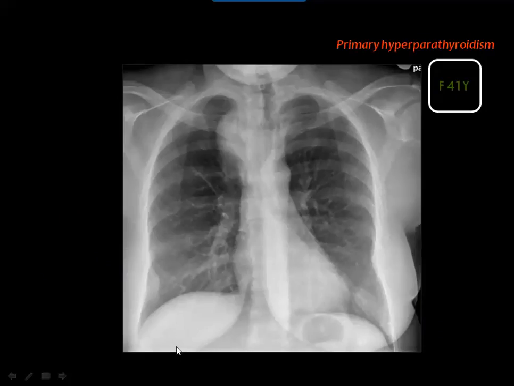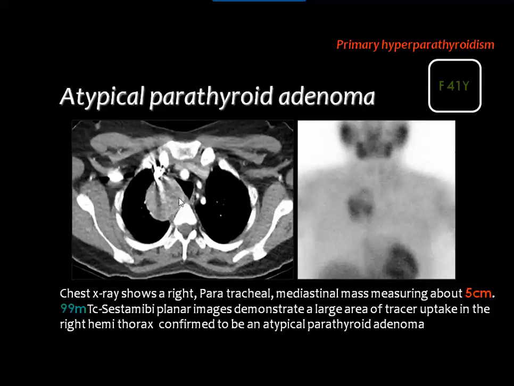And this is an example of a patient with hyperparathyroidism and a sizable parathyroid adenoma located in the mediastinum. The CT scan of the same case showed a mass in the right paratracheal area, and the delayed sestamibi scan showed persistence of the isotope within the parathyroid adenoma.